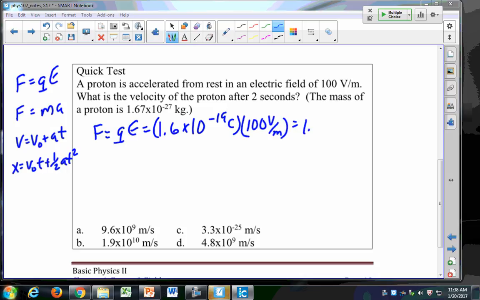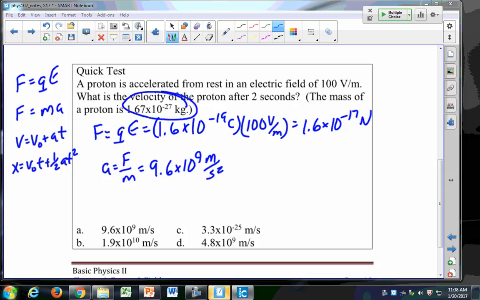And so that's 1.6 times 10 to the minus 17 newtons. Then we need to find our acceleration, F over m, which is 9.6 times 10 to the ninth meters per second squared. I took the mass of a proton. Here I gave it to you, but on the test I won't give it to you. It's on your equation sheet, so you just need to be aware that it's there.